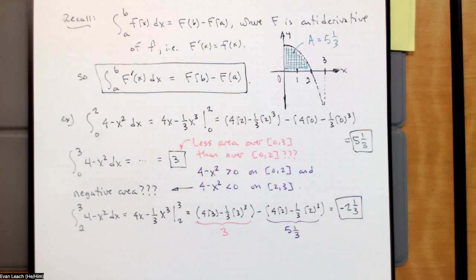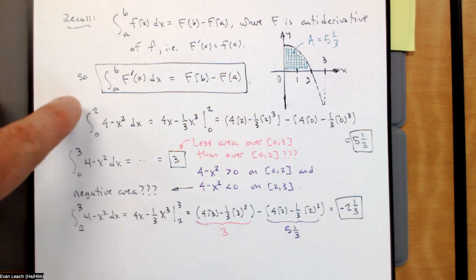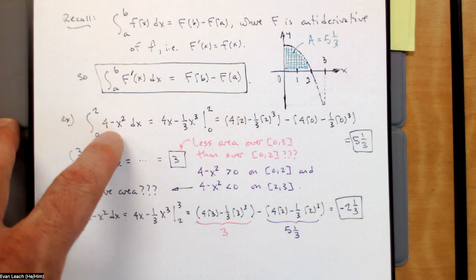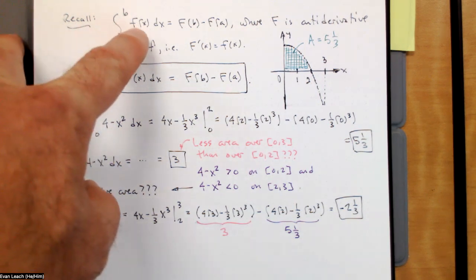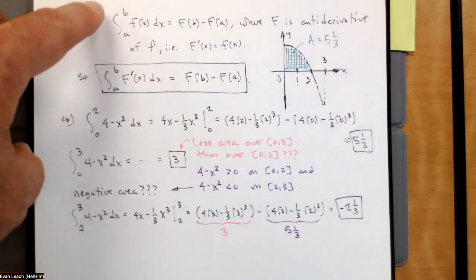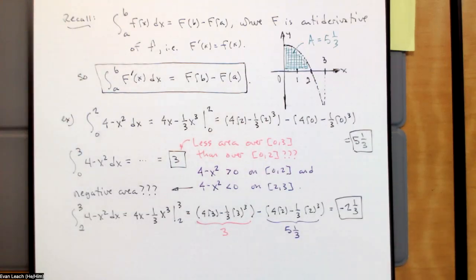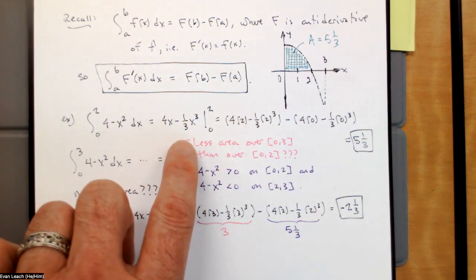Let's label some stuff that shows up in our fundamental theorem of calculus. So I have the integral from 0 to 2 of 4 minus x squared dx. So this 4 minus x squared, that's my little f. A is 0, b is 2 in this integral. And so our capital F is 4x minus a third x cubed.